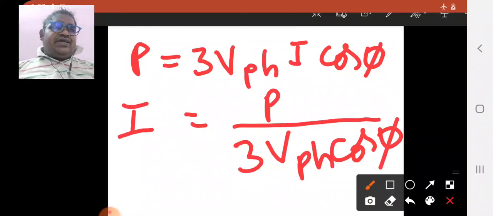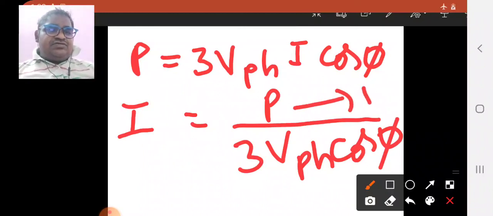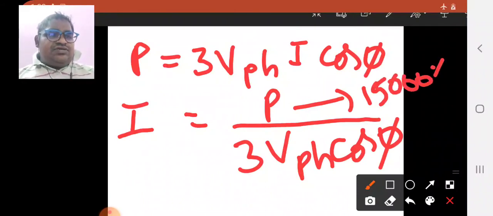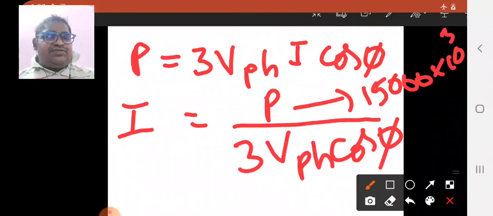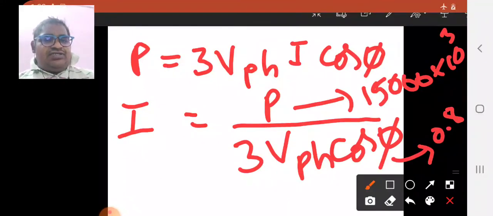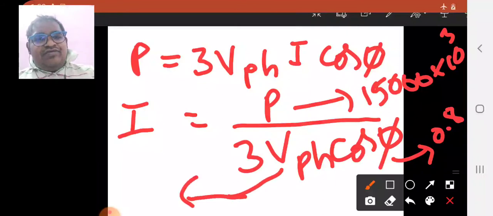P is already given: 15,000 into 10 cube. Cos phi is 0.8. V phase is VL by root 3.